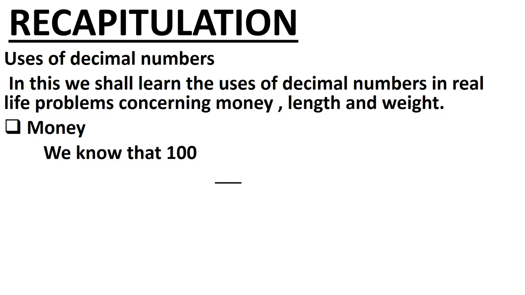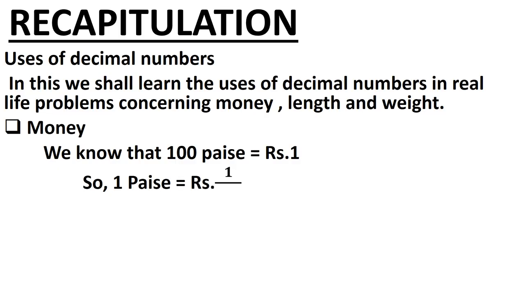We know that 100 paise equal to rupee 1. That we all know. So, 1 paise equal to 1 upon 100 rupees, which is equal to rupees 0.01.